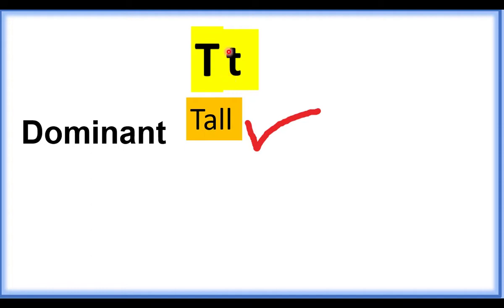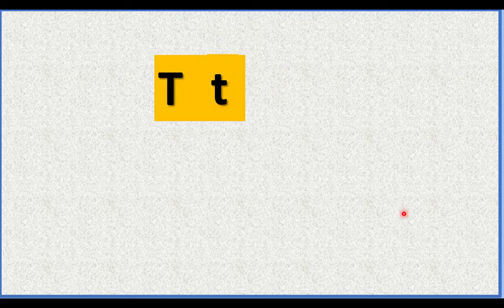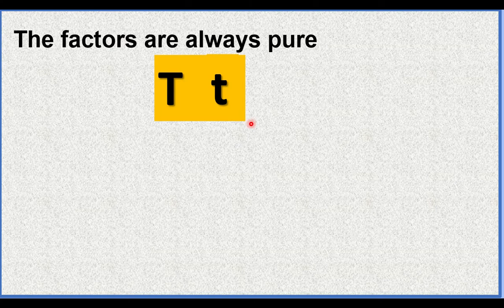The other character which is not expressed, that is dwarf, is the recessive character. When the dominant factor and recessive factor, or dominant allele and recessive allele, are brought together in F1 hybrid, they remain together. They do not mix, so the factors are always pure.